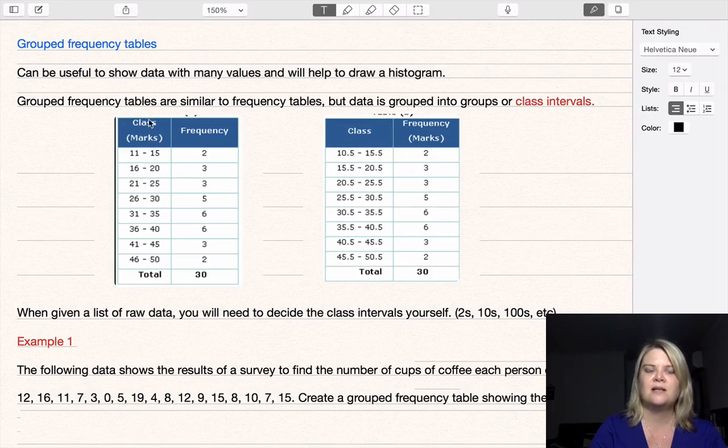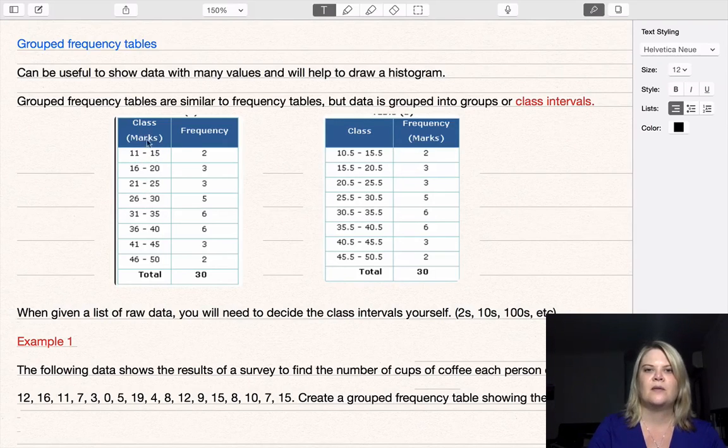The heading is class for this, and they've chosen the intervals to go from 11 to 15. So they're going up in fours each time. When you choose your intervals, make sure they go up in equal amounts.